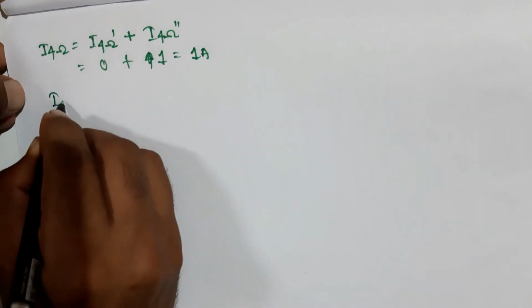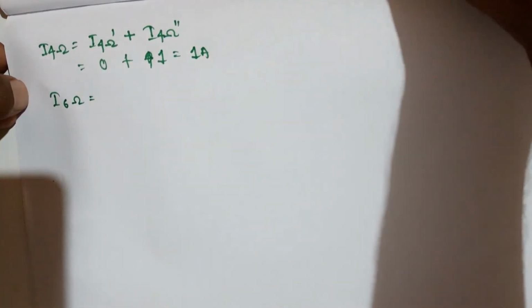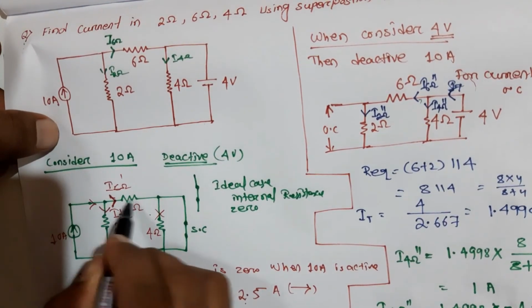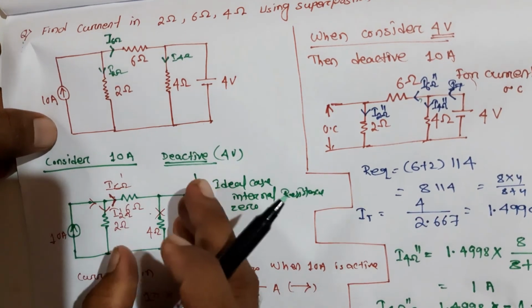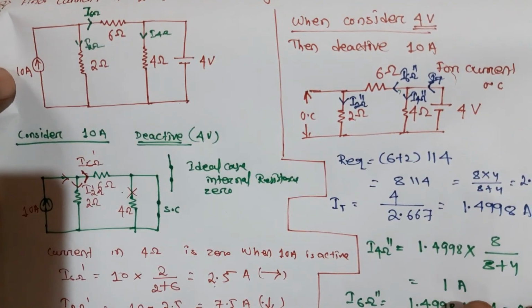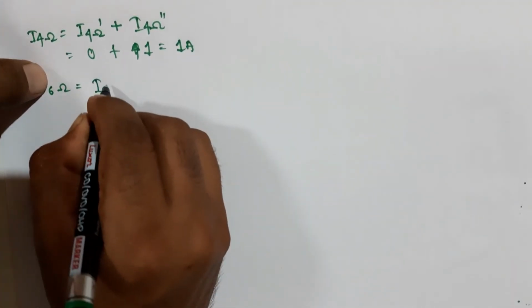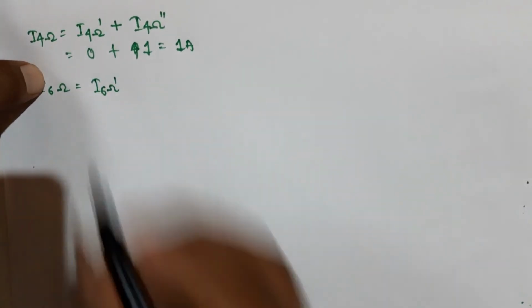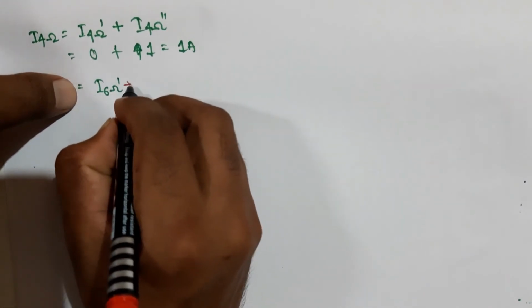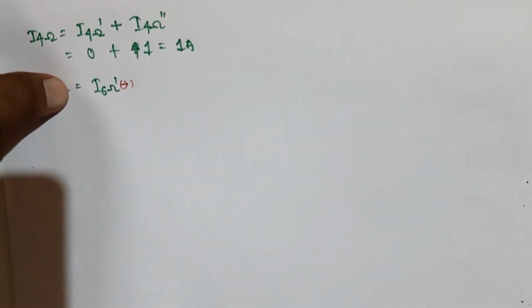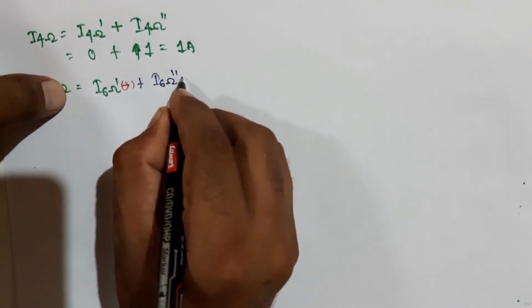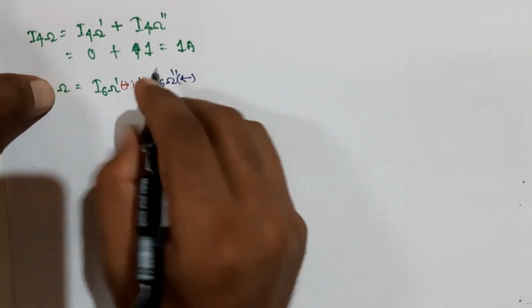But in this case, I in 6 ohm, you see I in 6 ohm single dash is in this direction and the double dash is opposite, so they subtract from each other. I in 6 ohm single dash is 2.5, and the double dash direction is like that, so it is subtracted.